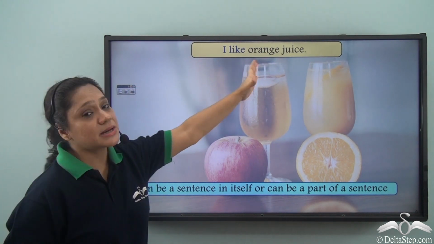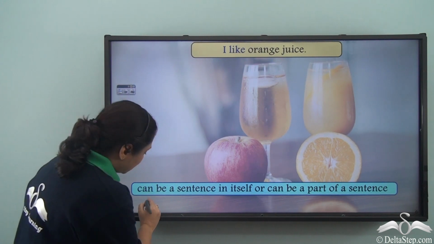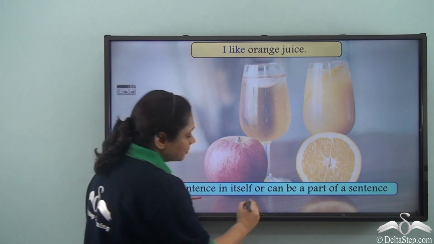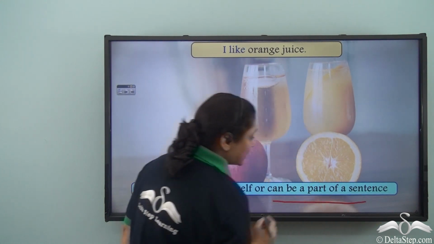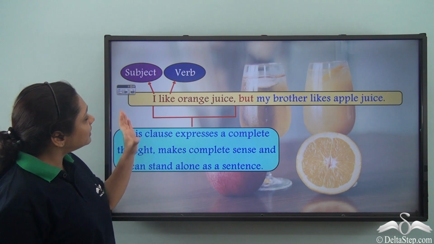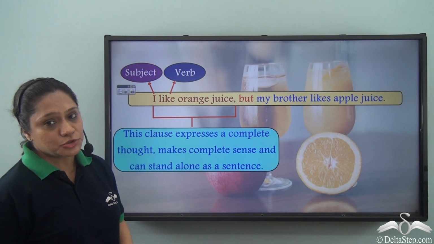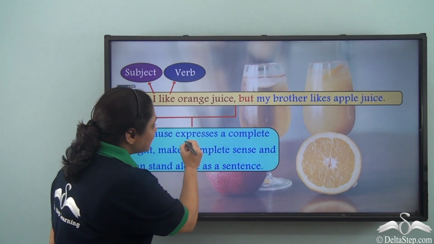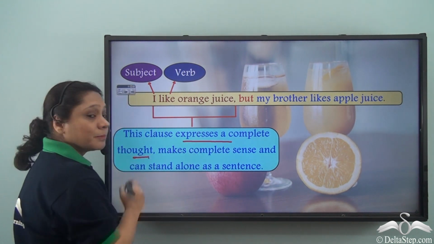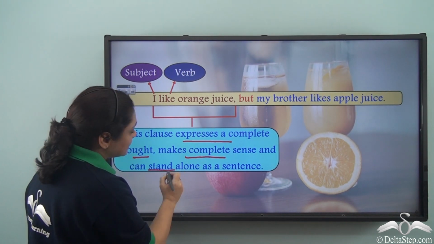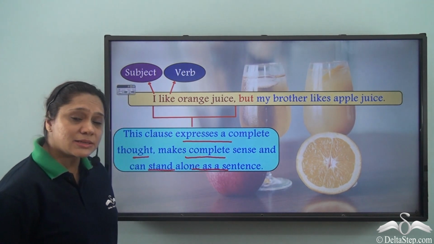That this part, I like orange juice, can be a complete sentence in itself, or it can be a part of a sentence like in our example. So this part, I like orange juice, is a clause, and this clause expresses a complete thought, makes complete sense and can stand alone as a sentence.